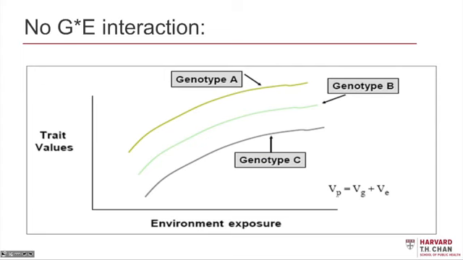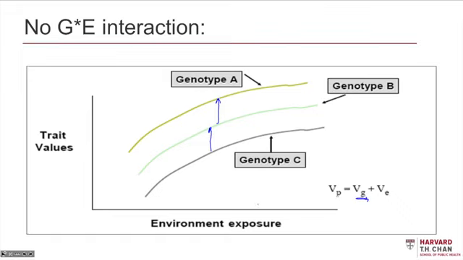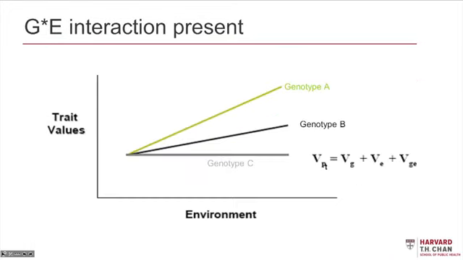They're exactly the same. They're just shifted by the same amount at every exposure. So that means that the effect on the outcome is just the sum of the genotype effect plus the effect of exposure. So there's no interaction.